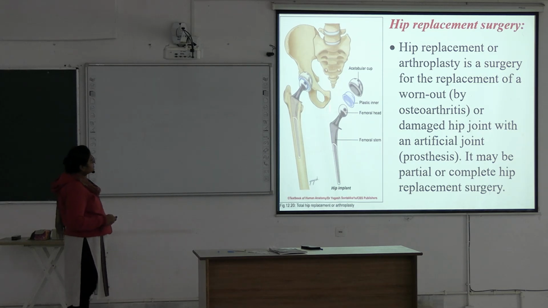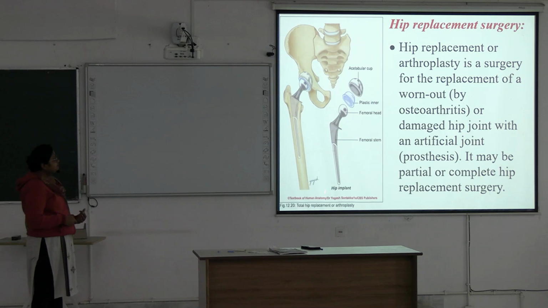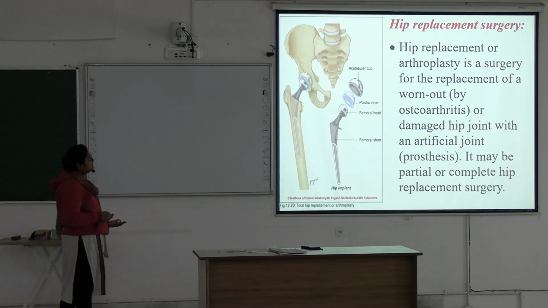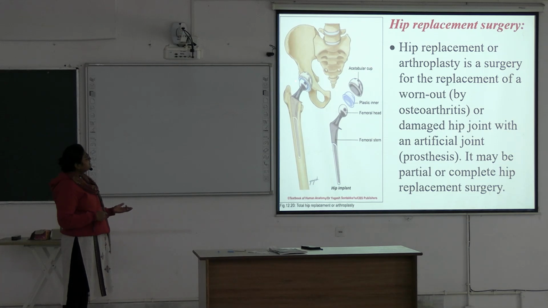You have to put a prosthesis like this. Okay. This is generally made up of metal. There is complete arthroplasty or partial arthroplasty. If there is need, you have to change both the acetabular cup and also the head. You have to change both.